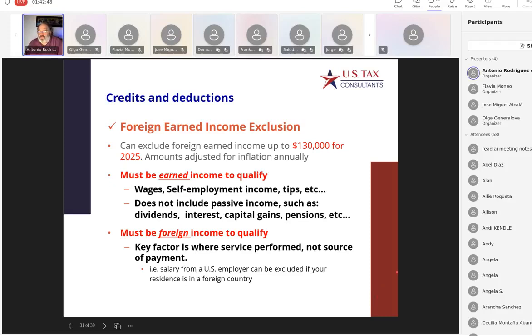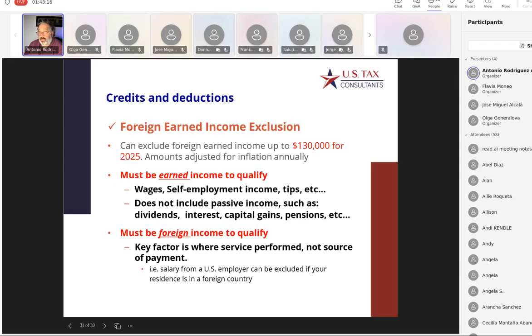The important thing is that you must earn the income to qualify: wages and self-employment income, and it does not include passive income. So you cannot include in this 130,000 interest, dividends, and capital gains that you might have, or pensions or rental income. That is not included in this 130,000.